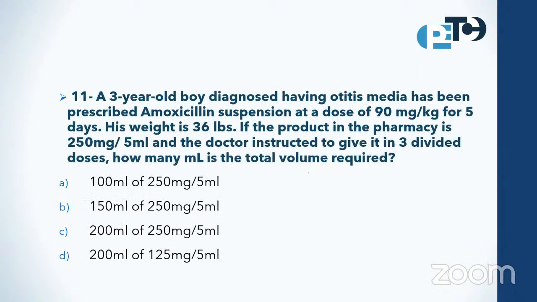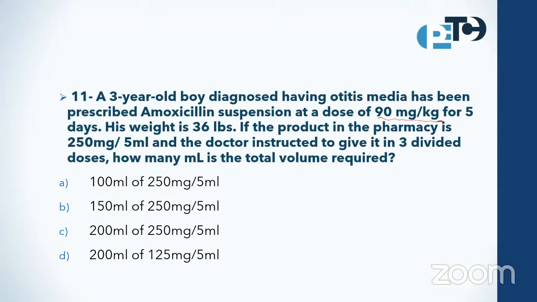A 3-year-old boy diagnosed with otitis media has been prescribed amoxicillin suspension at a dose of 90 milligram per kg for 5 days. Each day, he will receive 90 milligram per kg.